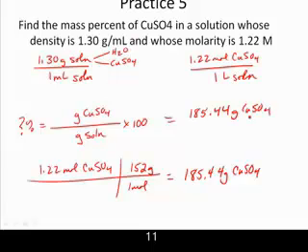And then grams of solution. Well, if I use the 1.22 moles to get the grams, I have to use 1 liter to get my grams of solution.